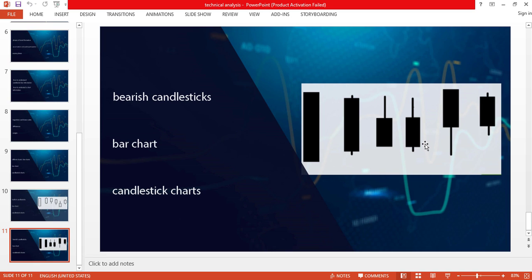And these two types of candles show that the market members are not certain.